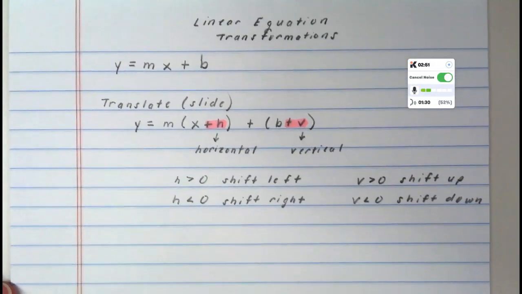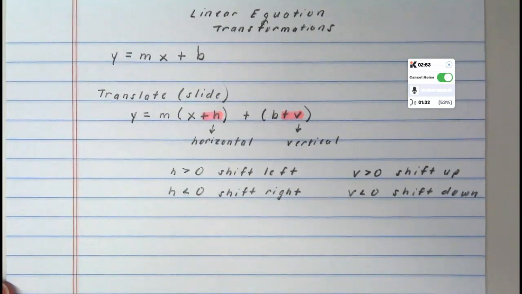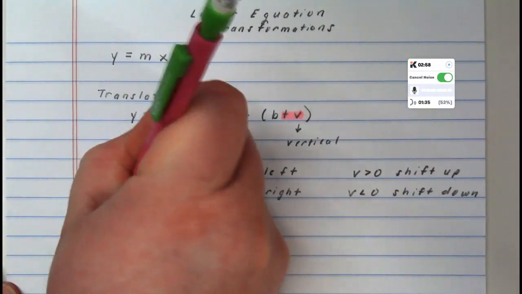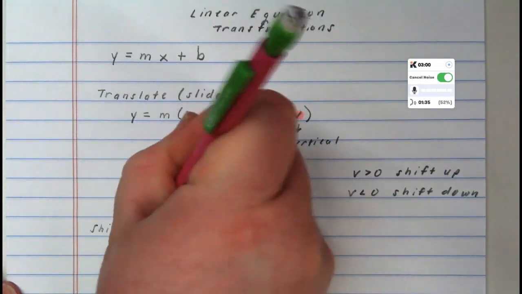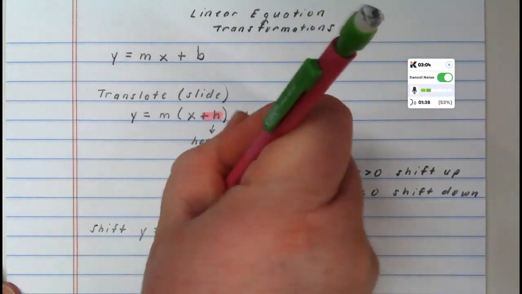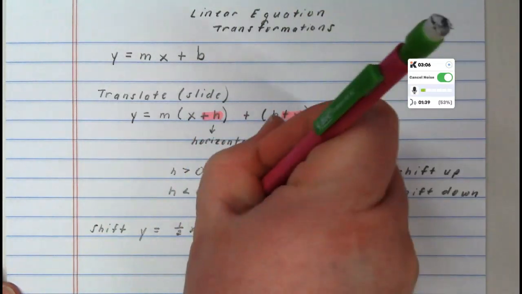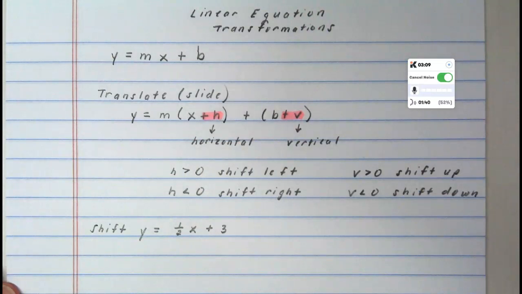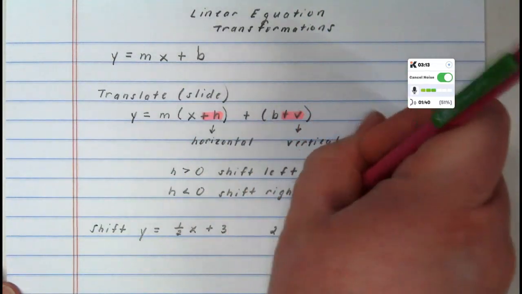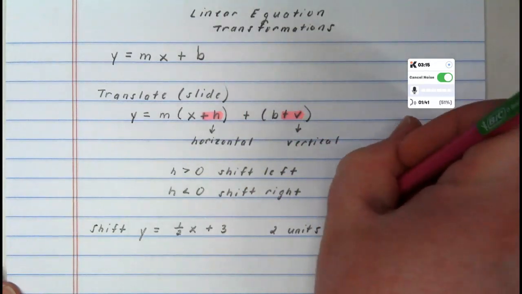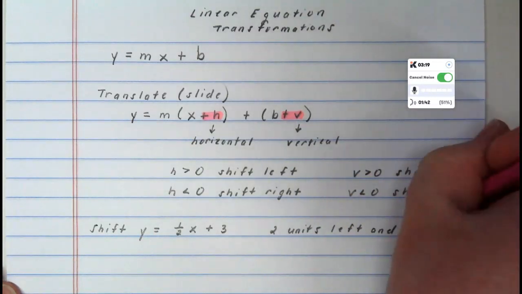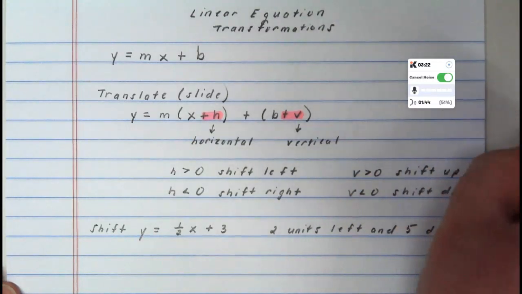Let's apply this to an example. Let's say that we've been told to shift y equals 1/2 x plus 3, 2 units left and 5 down.